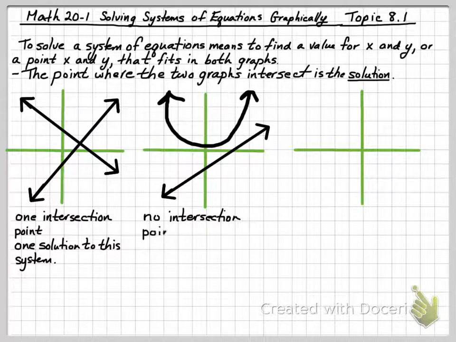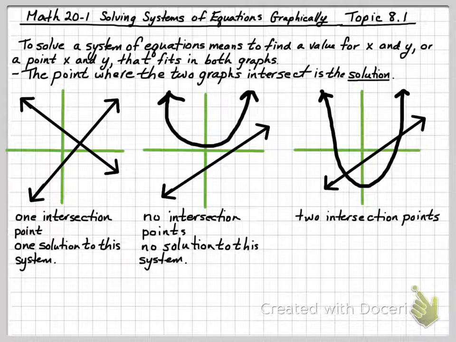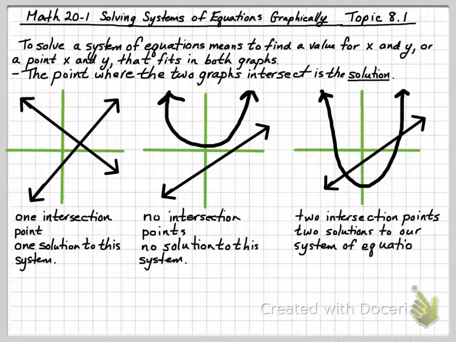That means there's no solution to this system of equations. Thirdly, I have also a linear quadratic graph. This time there's two intersection points because the graphs cross in two different points, and that means that there's going to be two solutions to our system of equations.